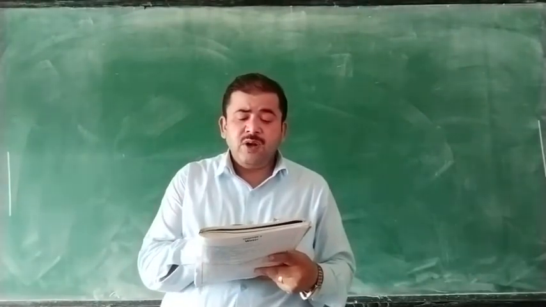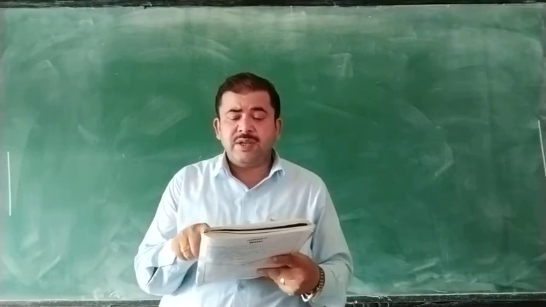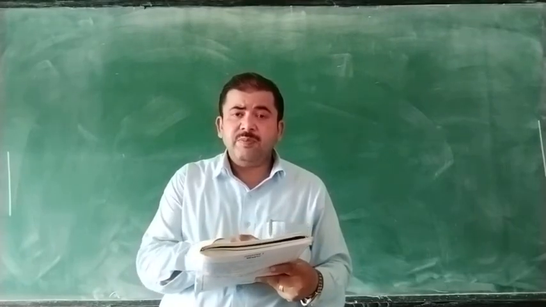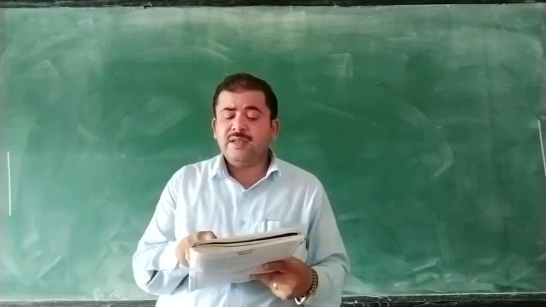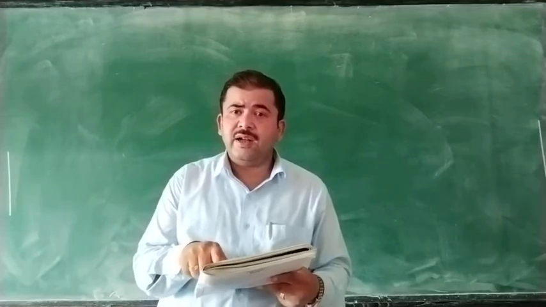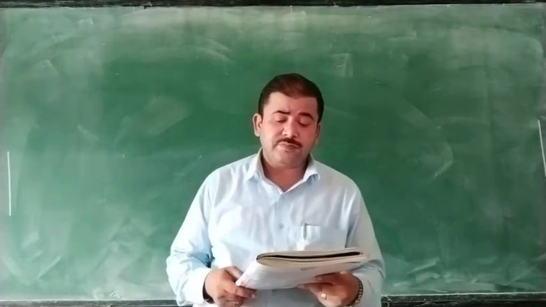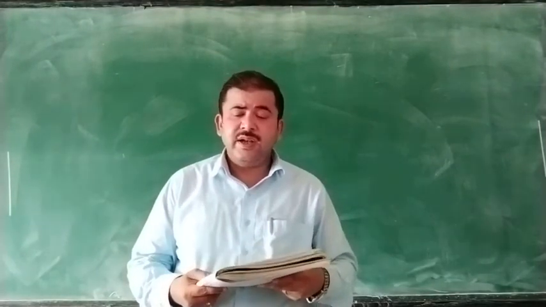Fifth, the reddish brown precipitate obtained during a double decomposition precipitation reaction between an iron salt and an alkali is iron three hydroxide. Iron three hydroxide, color reddish brown.